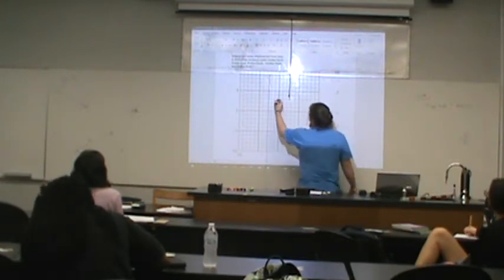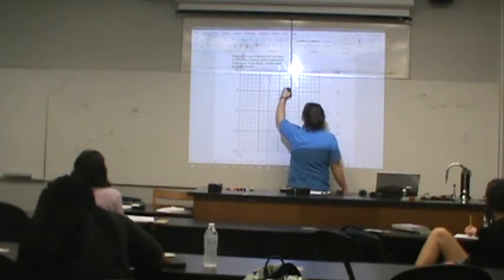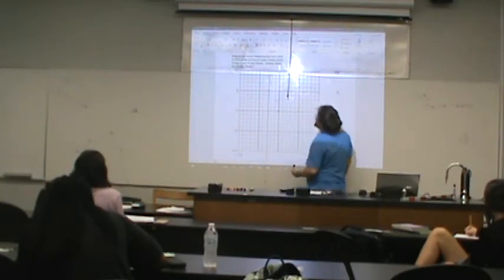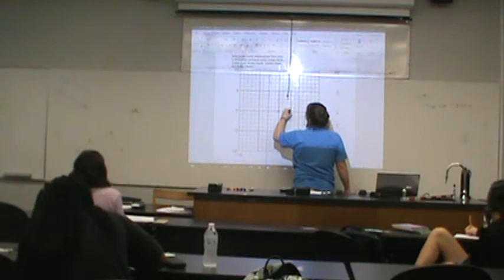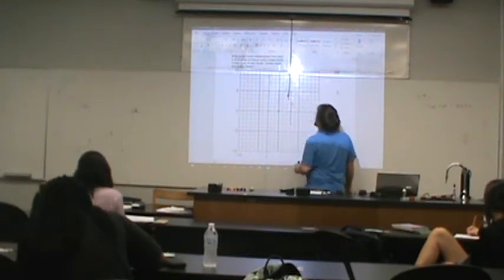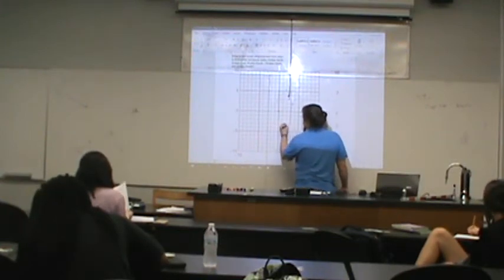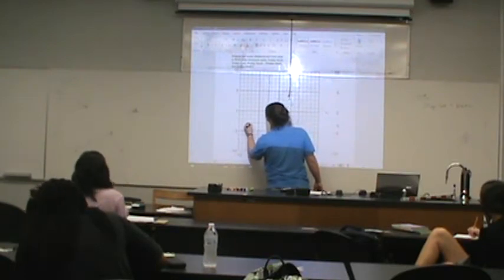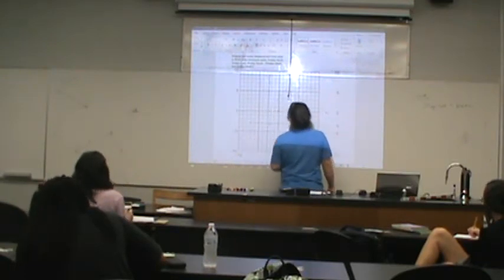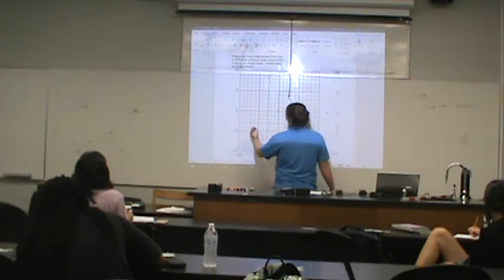Then 3 miles east, 1, 2, 3, range 2. 8 miles south, 1, 2, 3, 4, 5, 6, 7, 8, range 3. 10 miles west, 3, 4, 5, 6, 7, 8, 9, 10, and another 5 miles north again.